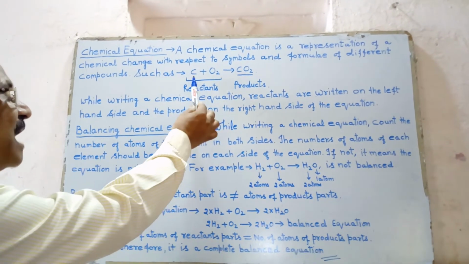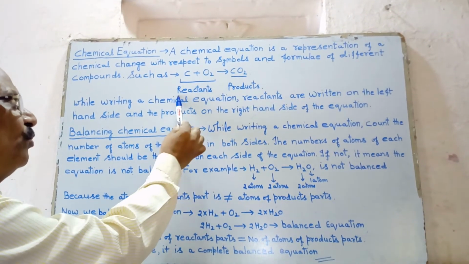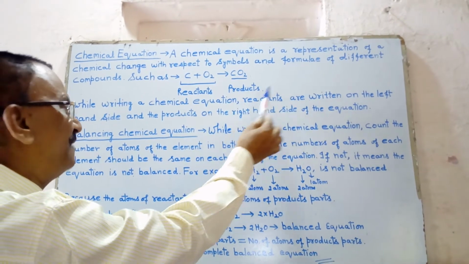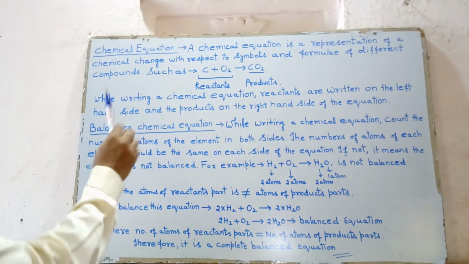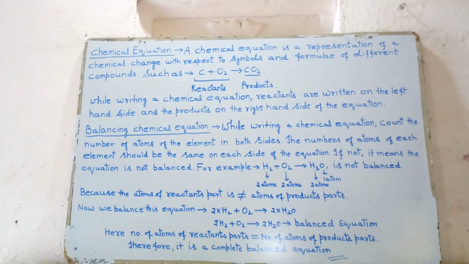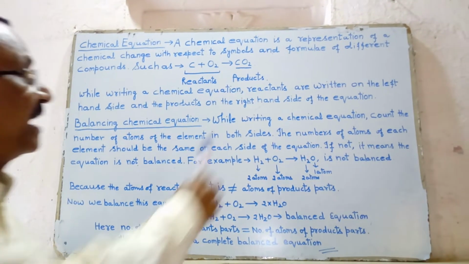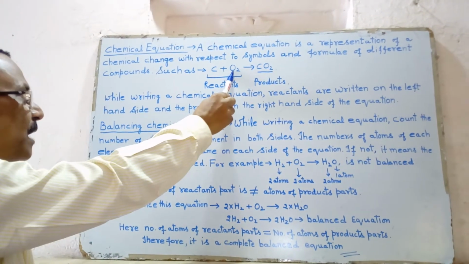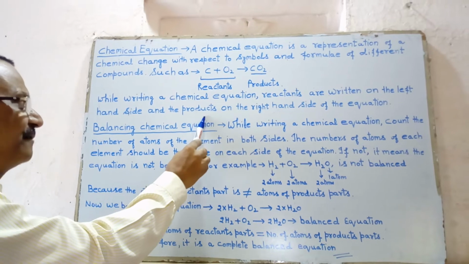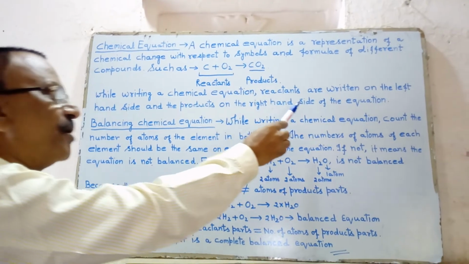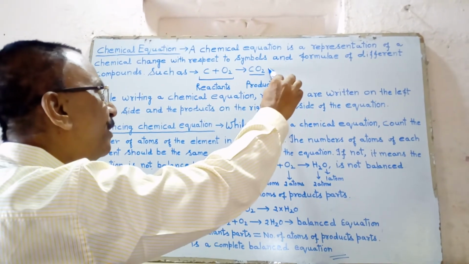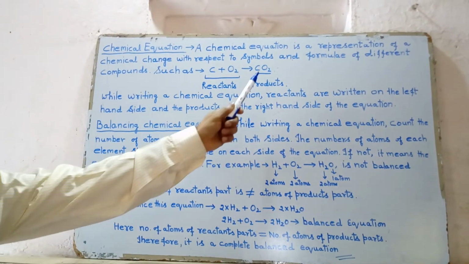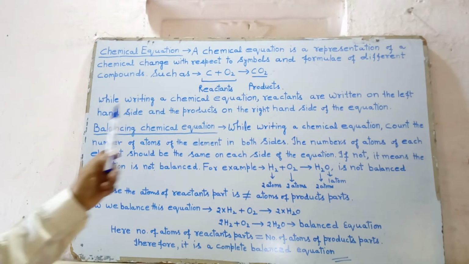Carbon plus oxygen is known as the reactant part and CO2 is known as the product part. While writing a chemical equation, reactants are written on the left hand side and the products on the right hand side of the equation.